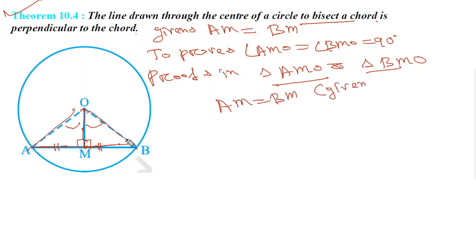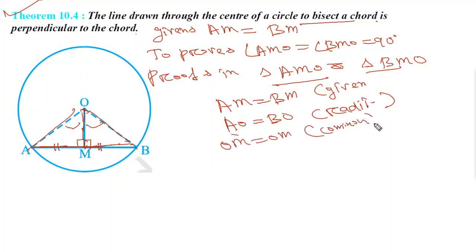AO equal to BO by radii of the same circle. Then OM is the common side. You can write OM equals OM, common side. So you can see side of one triangle is equal to side of another triangle.